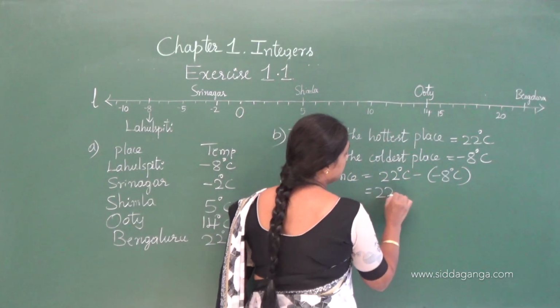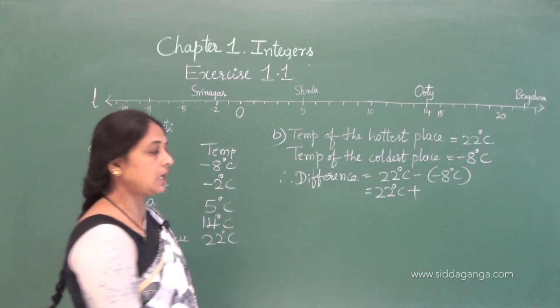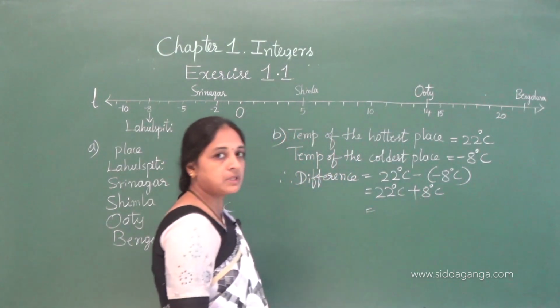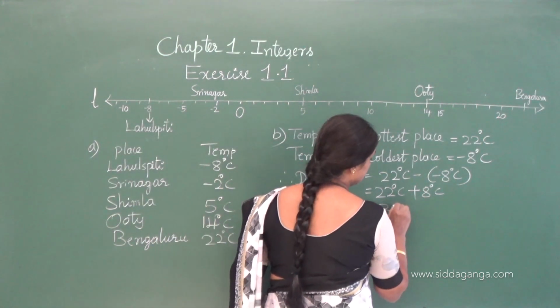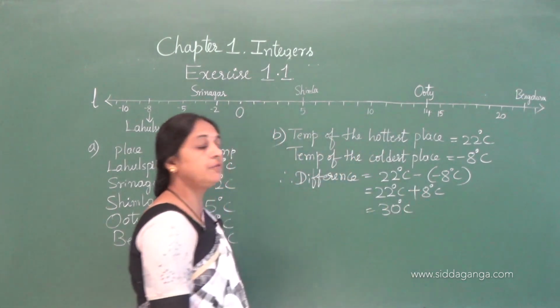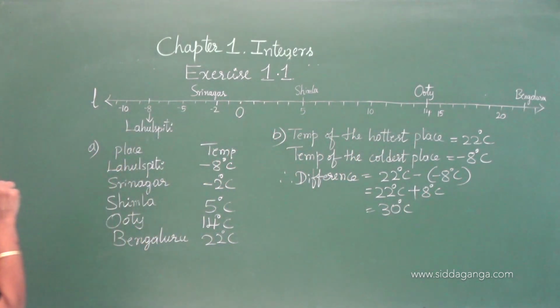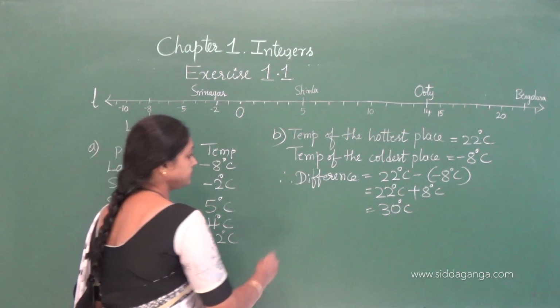Minus into minus is plus, so it is +8 degree Celsius. We have to add them, 22 plus 8 is 30 degree Celsius. The difference between the hottest and the coldest place is 30 degree Celsius.